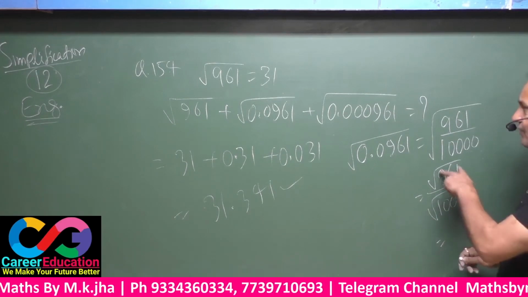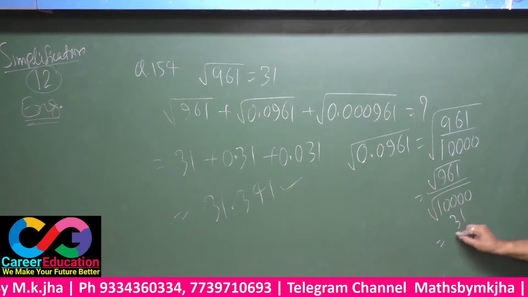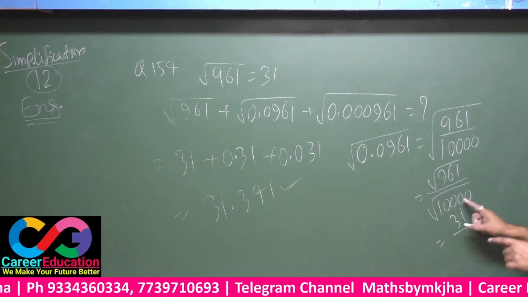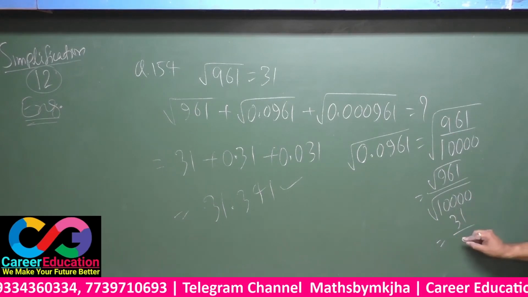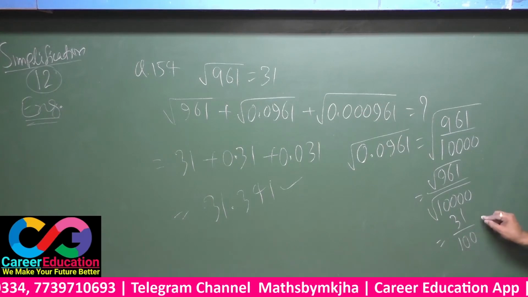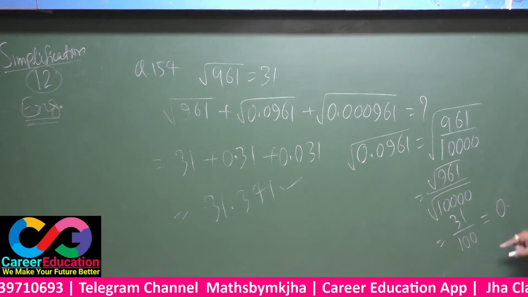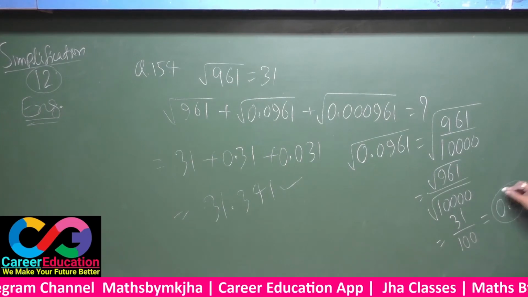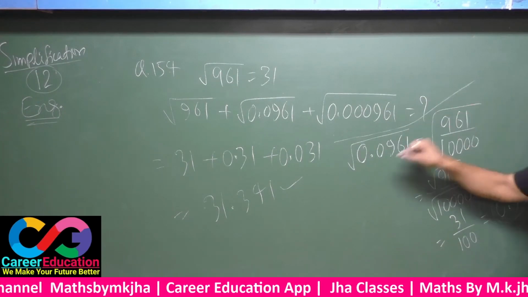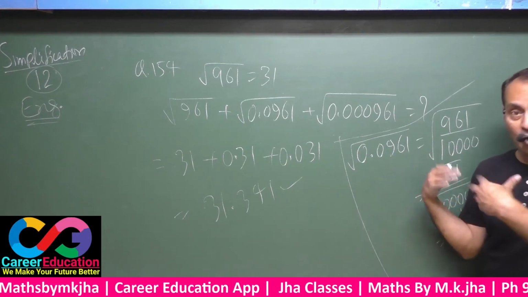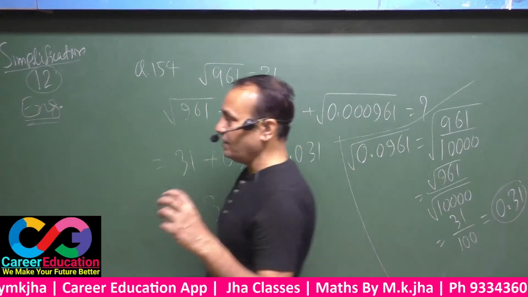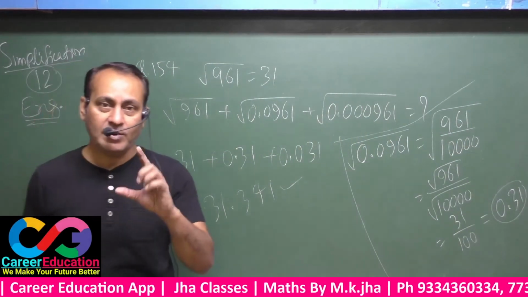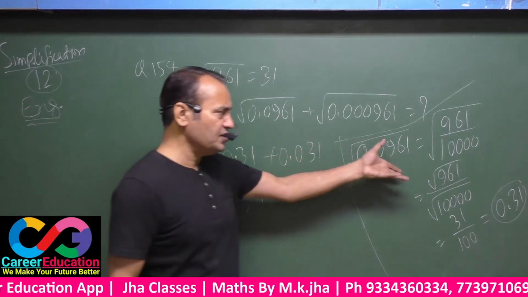You must have the value of the square root of 961, that is 31, and you must get the value of the square root of 10,000, that means this is 100. Now you see here 100, that means the decimal after 2 digits. This is the rough sketching, and you have to grasp all this so that you can solve such situations verbally without using a pen. Be noted this as well.